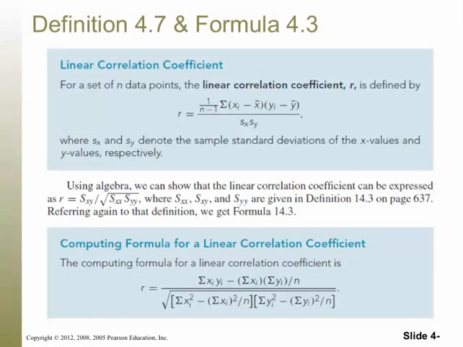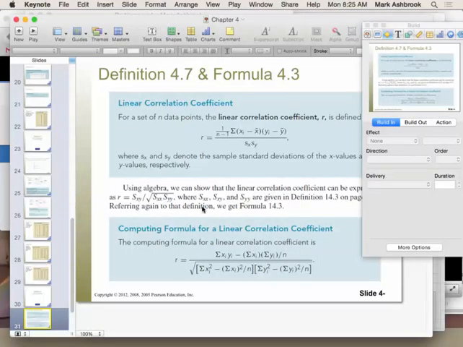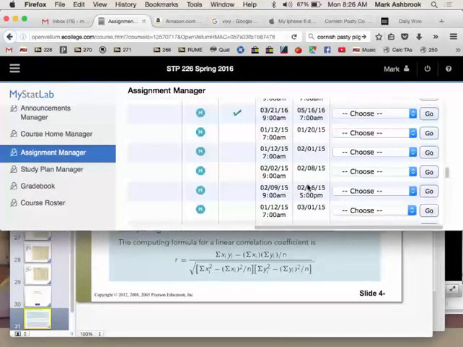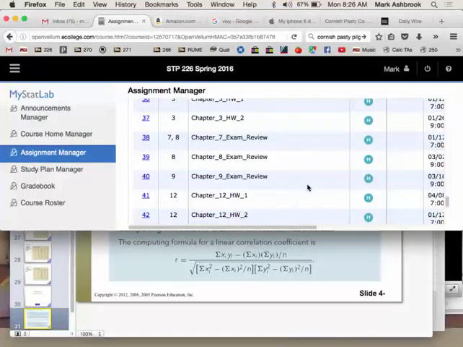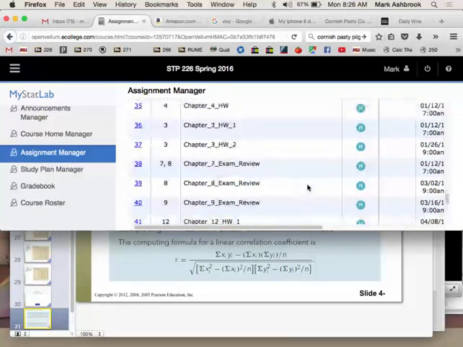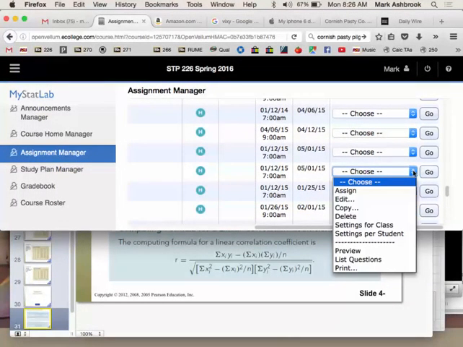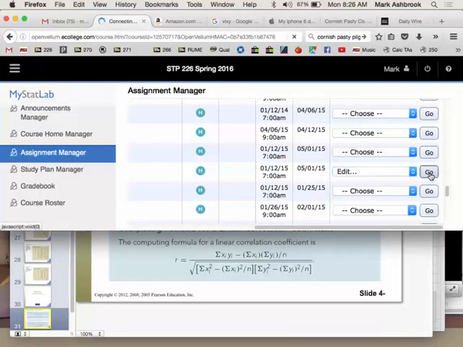All right, so let's do some examples from 4.3. Let's go to 89 here.